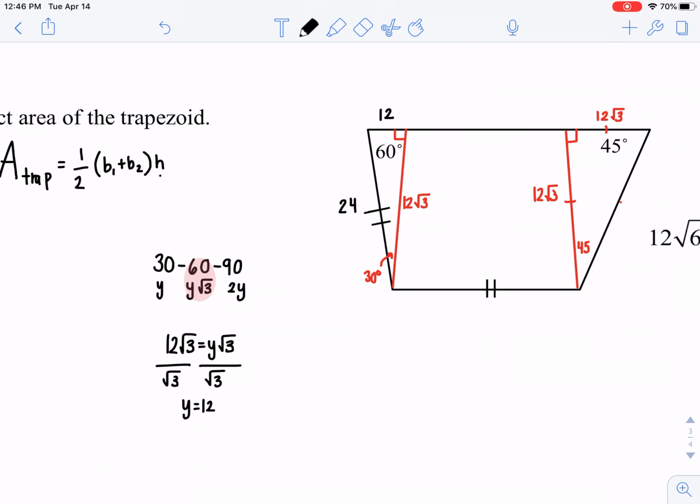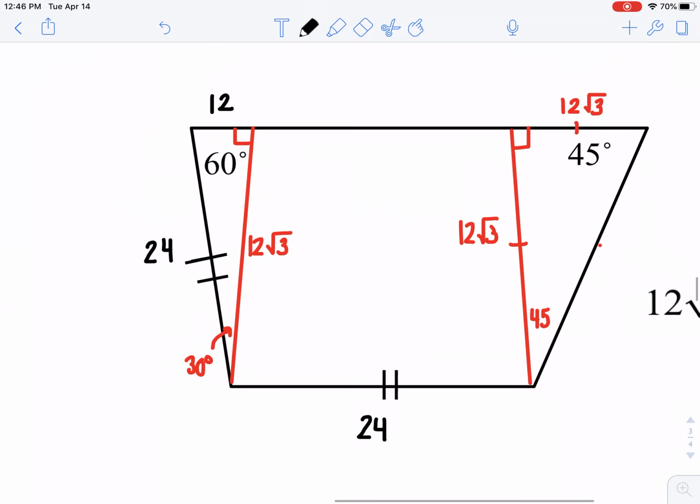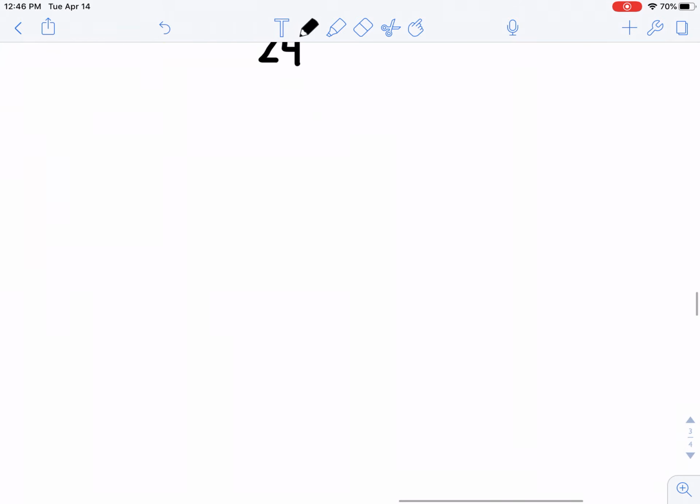Along with this, we know that we have two congruent sides, so I can also say that this base is 24, and since our lengths are consistent, this will be 24 as well. I now have enough information to figure out the length of both my bases. So let's come over here and solve for our bases.